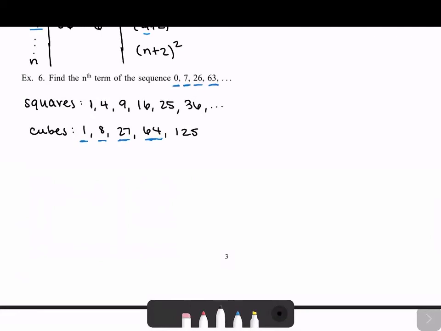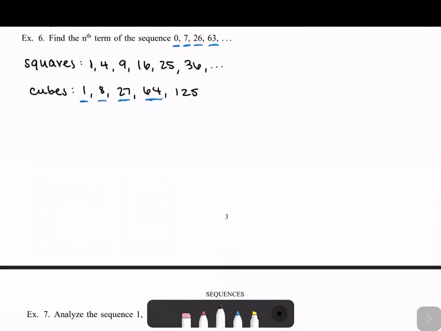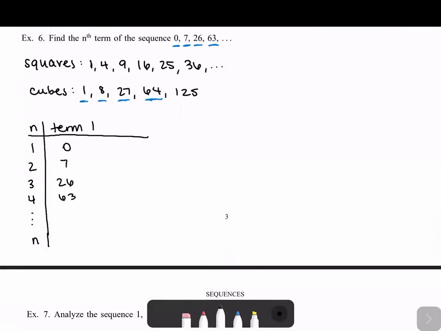So we can make the table again. So we have n, and we have our term. So again, we're given 4 terms. We want to get down to the nth one. So our terms are 0, 7, 26, 63. And we are looking for a pattern. So we identified this with the sequence of cubes so that this first term is 1 cubed minus 1.